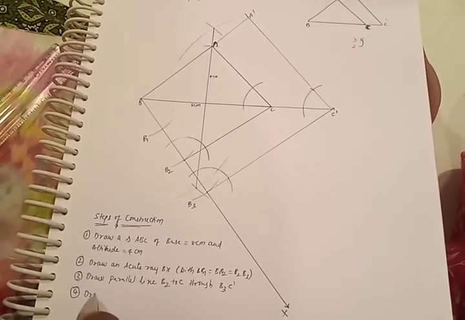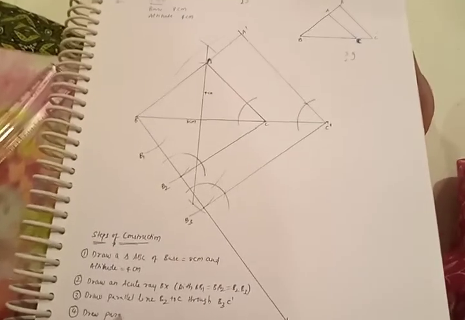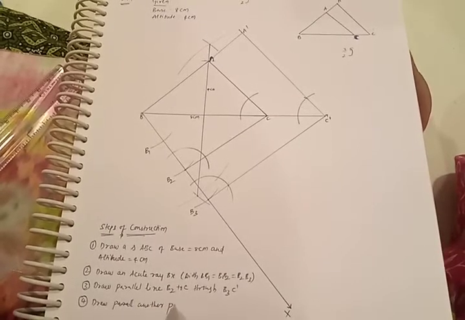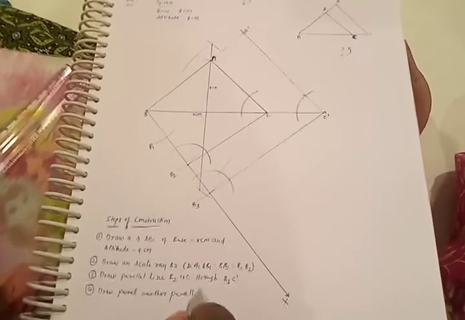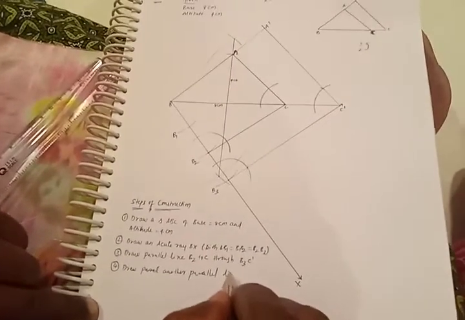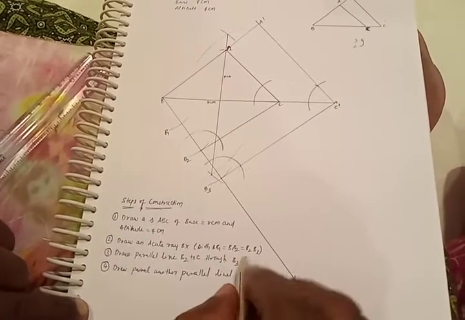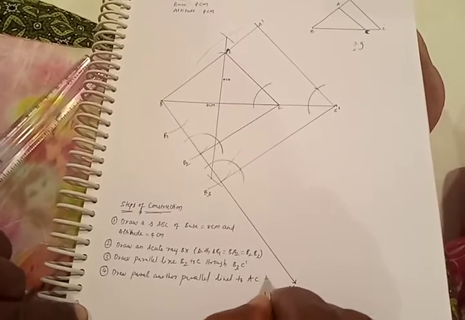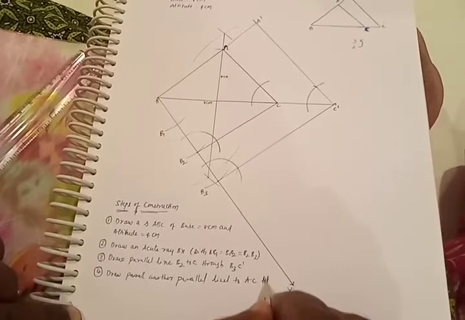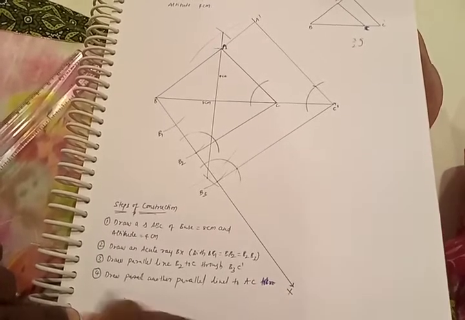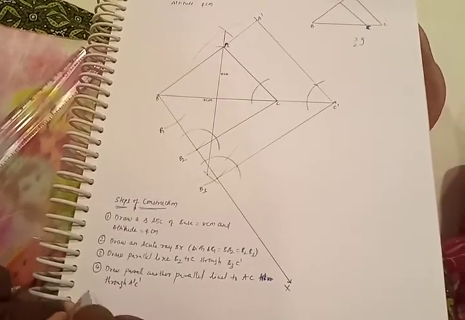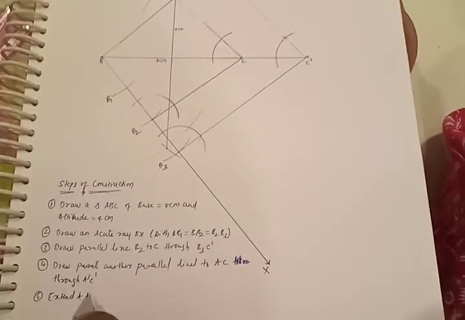Fourth one, draw another parallel line to AC through A dash C dash. Extend A dash.